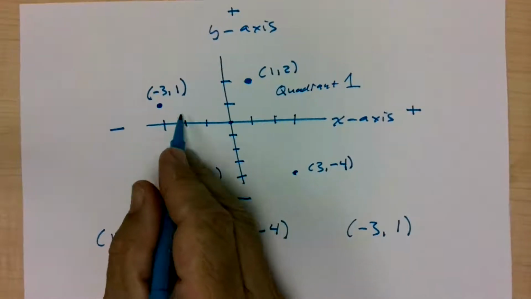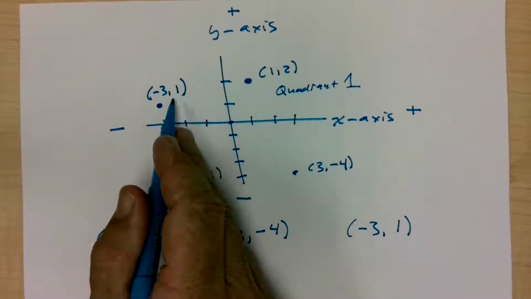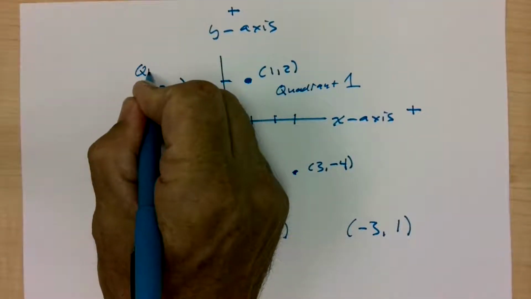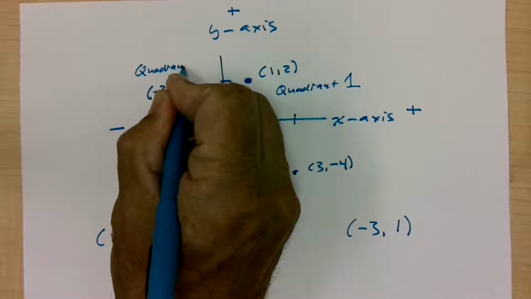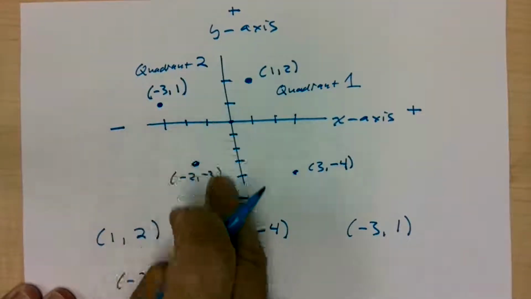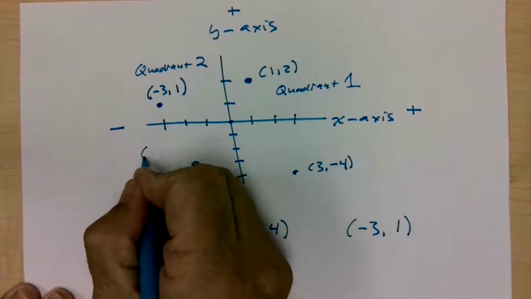If x is negative and y is positive, sort of like (-3, 1), this entire corner, this entire fourth, is quadrant 2. This corner, where x and y are both negative, to the left and down, is quadrant 3.